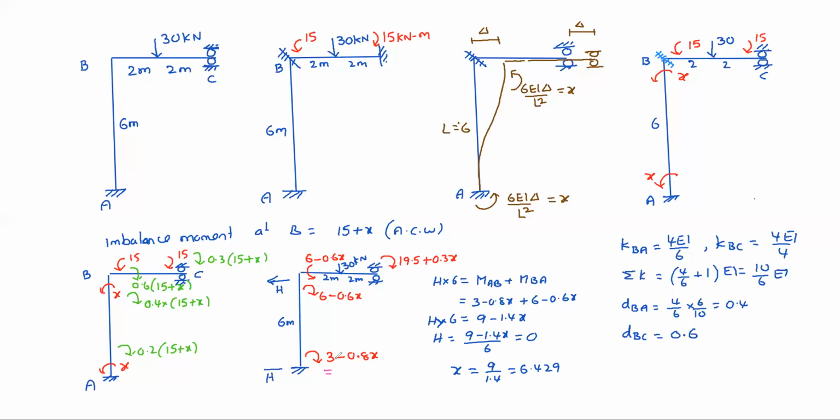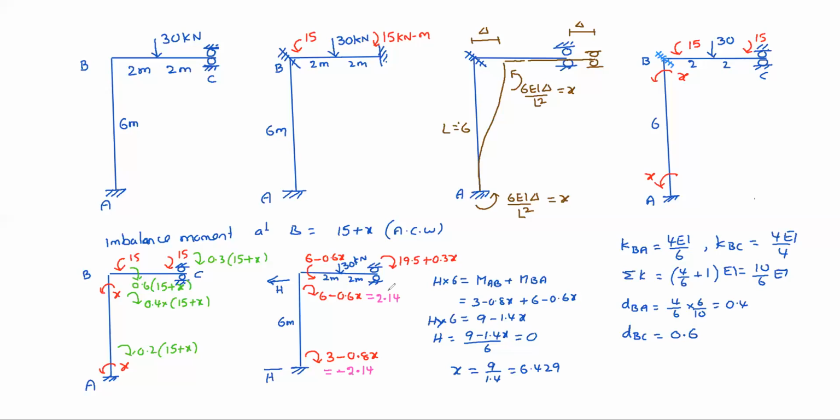This is equal to 3 minus 0.8 into 6.429, that is minus 2.14. Minus means it is actually anti-clockwise. Similarly, this one 6 minus 0.6 into 6.429 is 2.14.